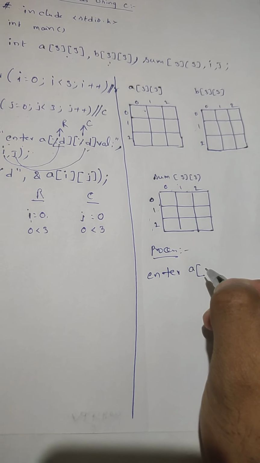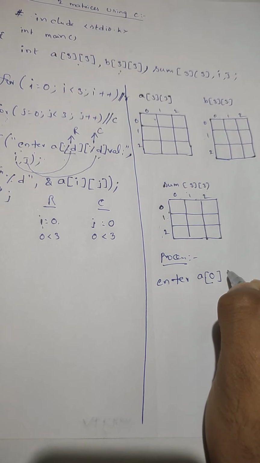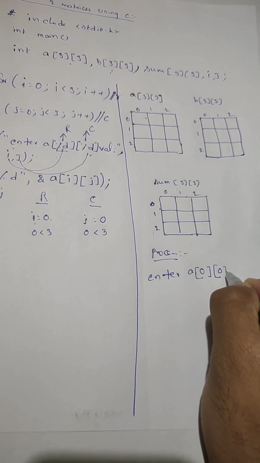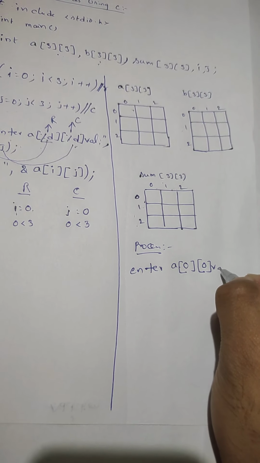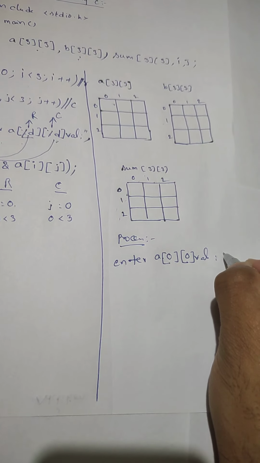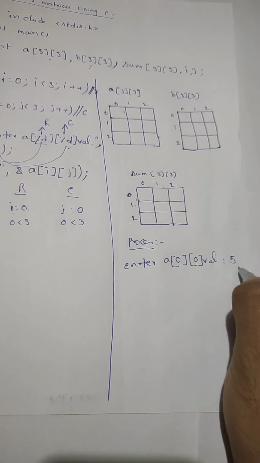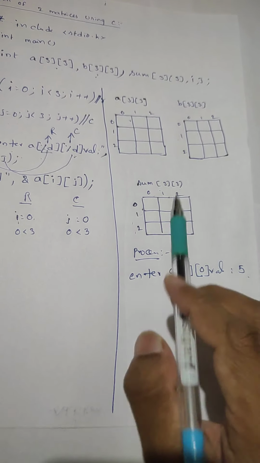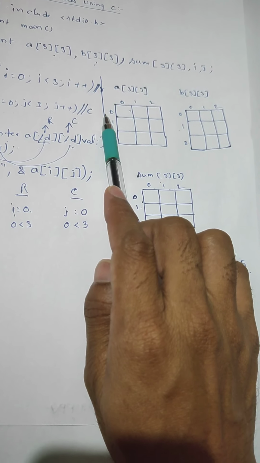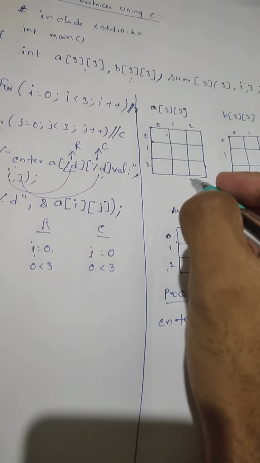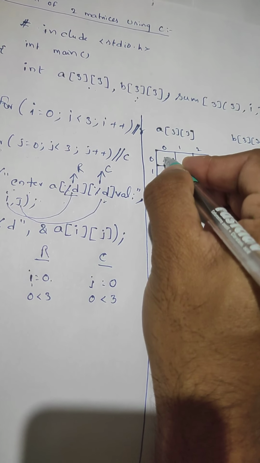So it displays Enter A of 0th row and 0th column values. Here I am inserting the value 5, and that 5 is stored in which location? A of 0th row and 0th column. So here 5 is stored.